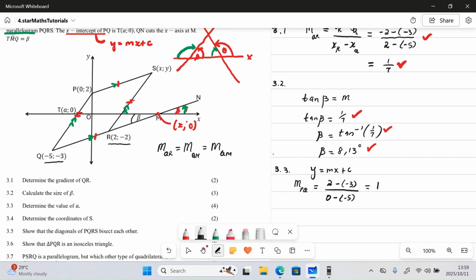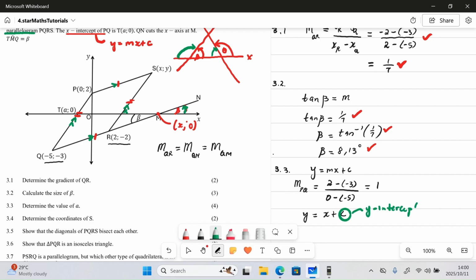The answer we get is a positive 1, which is 5 divided by 5. Then we can update our equation. Our equation is updated, plus c. We need to find the value of c. Remember, from this equation, the value of c represents the y-intercept.